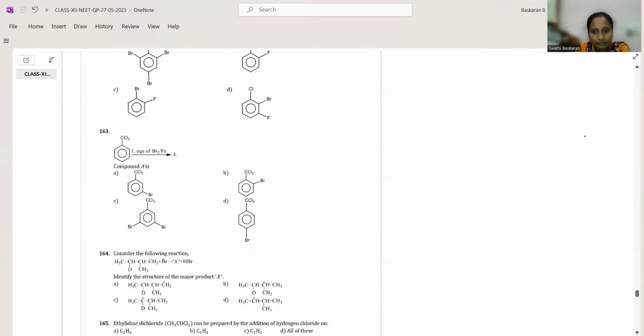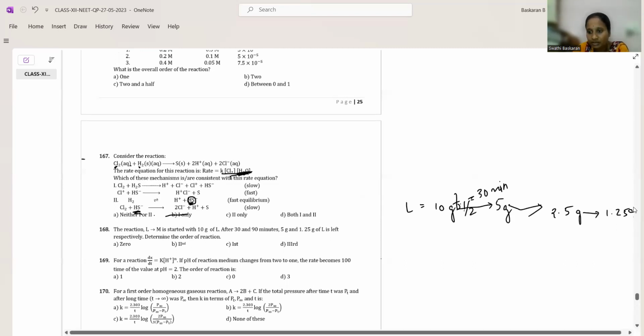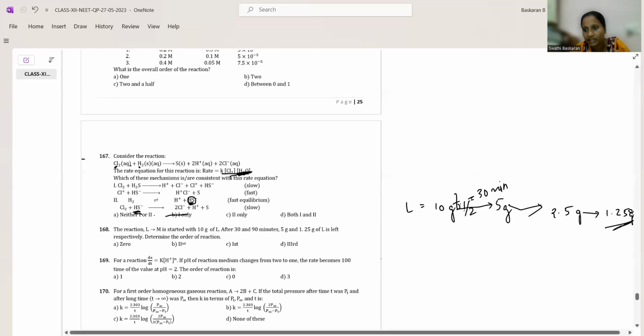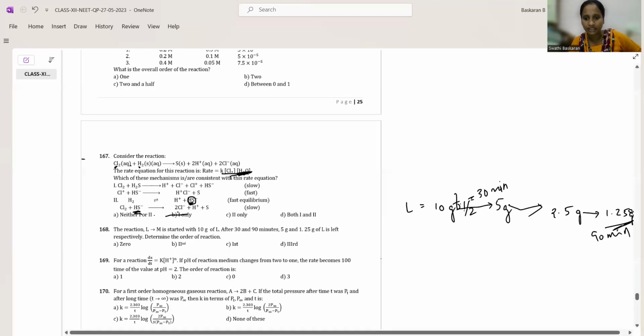So when 1.25 grams of L is left, the time was 90 minutes. So for the conversion of 10 grams to 5 grams it is 30 minutes, then 5 to 1.25 grams is 90 minutes.